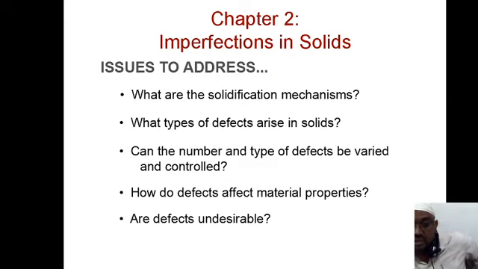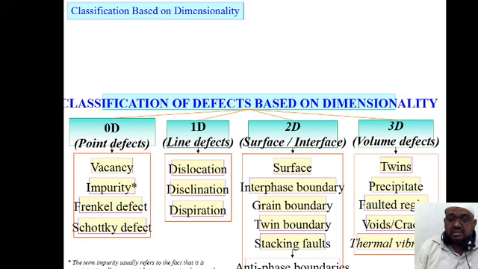Now, the classification of defects based on dimensionality. Depending upon the dimensions, there are 4 types: 0 dimension, 1 dimension, 2 dimensions, and 3 dimensions. The 0 dimension defect is known as point defects.